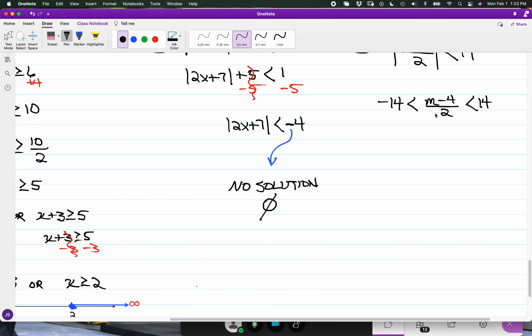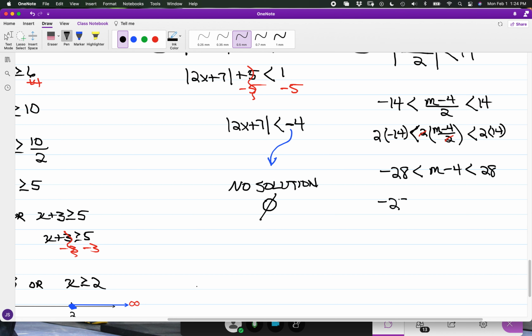And just getting out of the fractional notation, I can multiply everything by 2. So we're going to have 2 times -14 is -28, which is less than m minus 4, which in turn is less than positive 28.